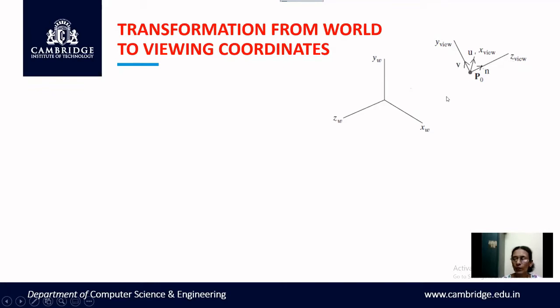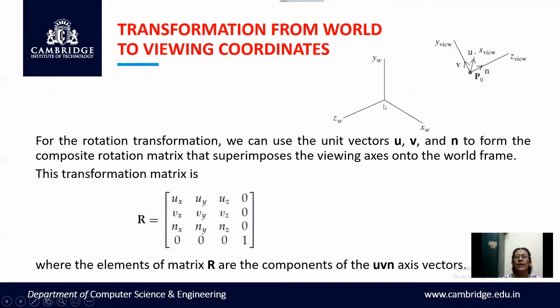Since we know this, the rotation matrix can be written as [ux, uy, uz, 0; vx, vy, vz, 0; nx, ny, nz, 0; 0, 0, 0, 1], where ux, uy, uz are the x, y, and z components of this u vector with respect to the world coordinates.